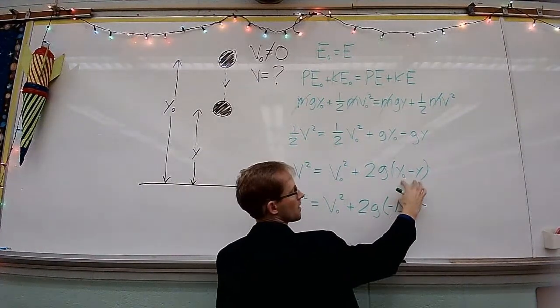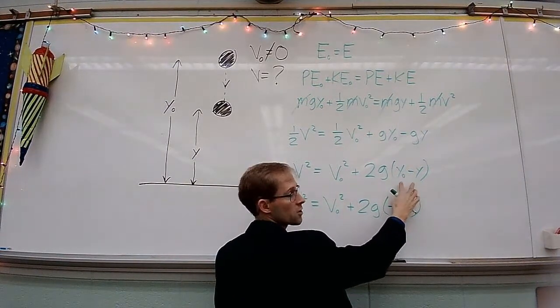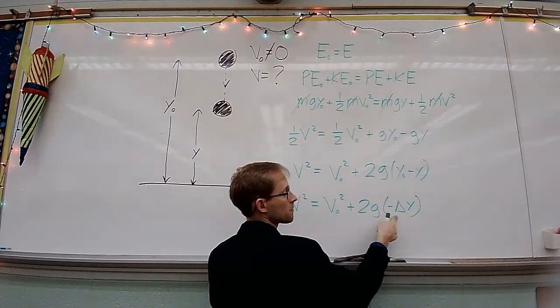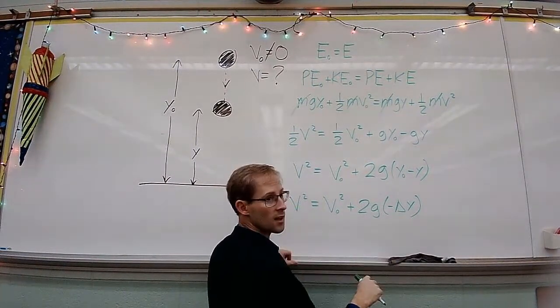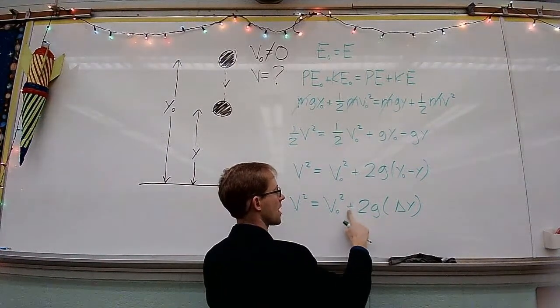So again, change in is final minus original. So if this is original minus final, it's negative change in y. In other words, I can distribute that negative through.